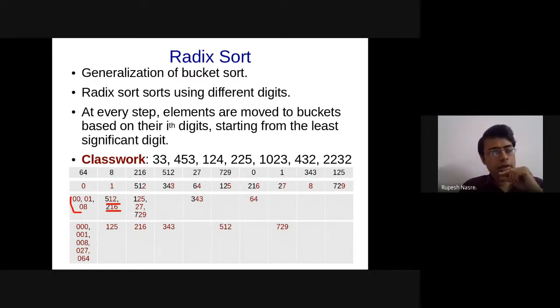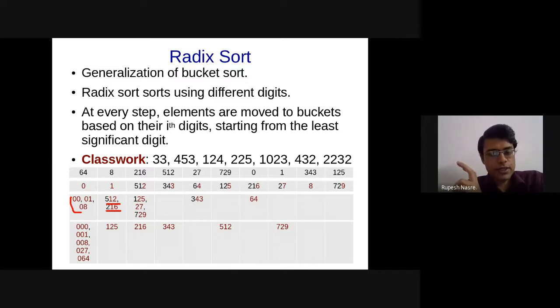I don't know if that is also guaranteed, but across iterations, whenever a new element comes, that element didn't appear in the second iteration because it had a larger element there, more than 0. And even within that iteration, for example 27 versus 64, since you are going from left to right, 27 will always come first and then 64, because 27 was in bucket number 2 and 64 was in bucket number 6.